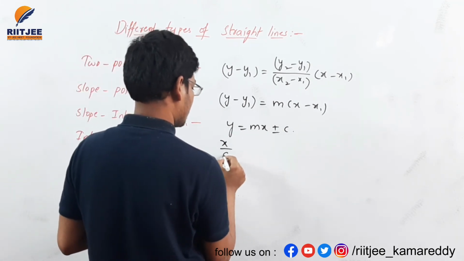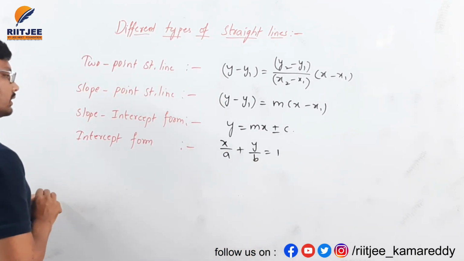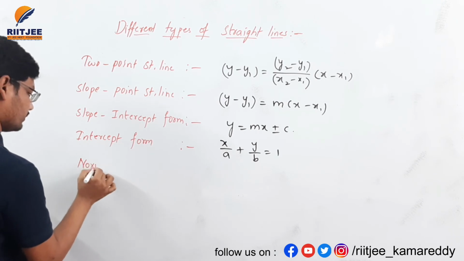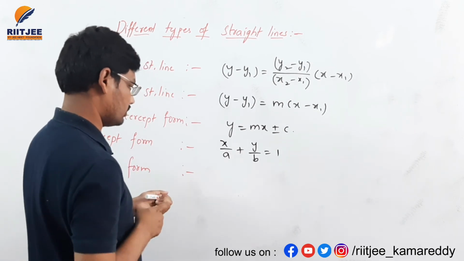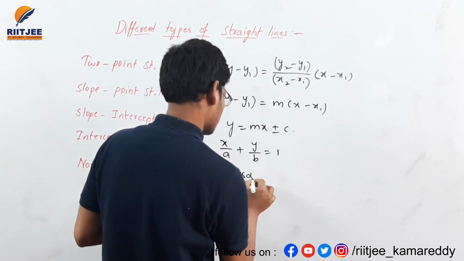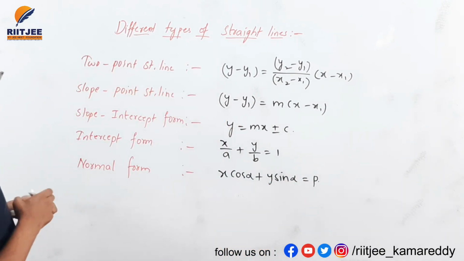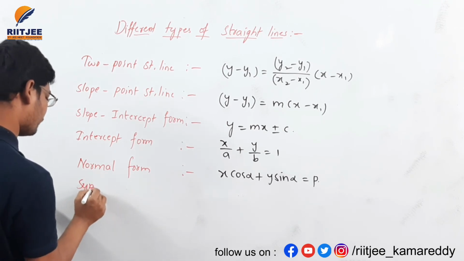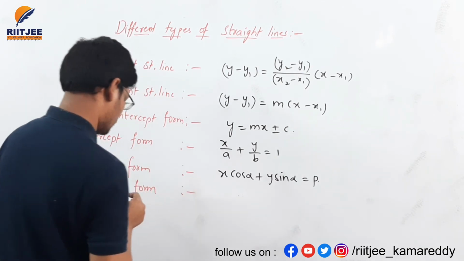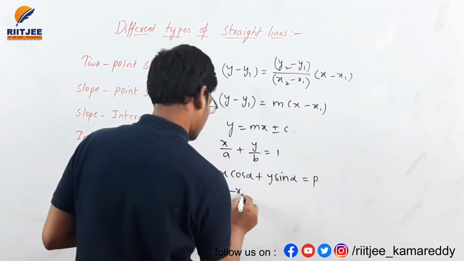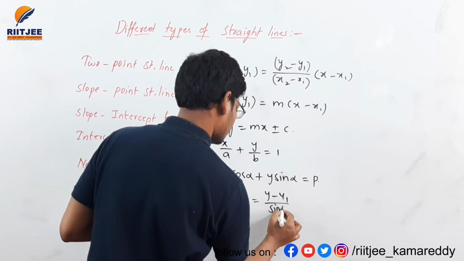Intercept form: x by a plus y by b is equal to 1. The next one is the normal form of a straight line: x cos alpha plus y sin alpha is equal to p. The next one is the symmetric form: x minus x1 by cos theta is equal to y minus y1 by sin theta.